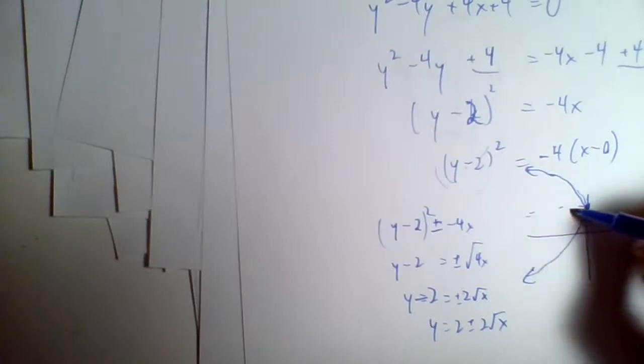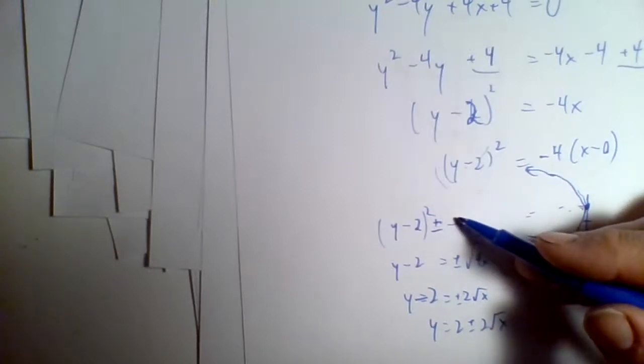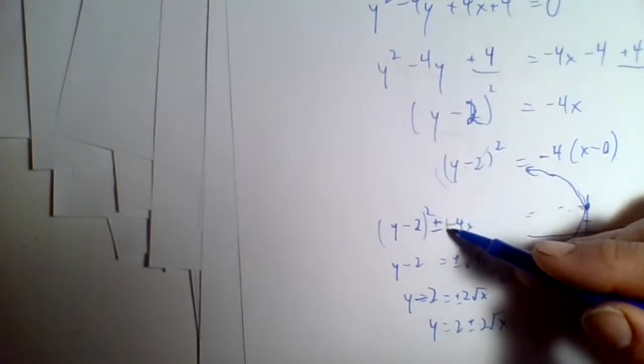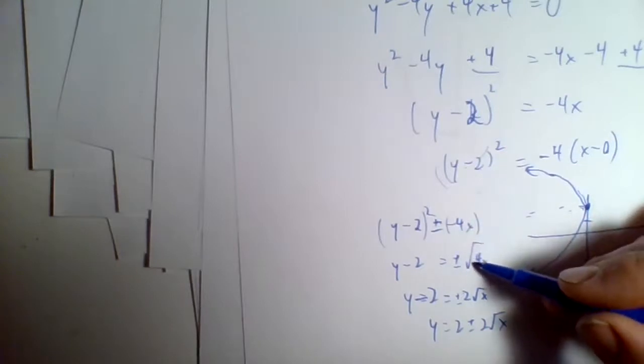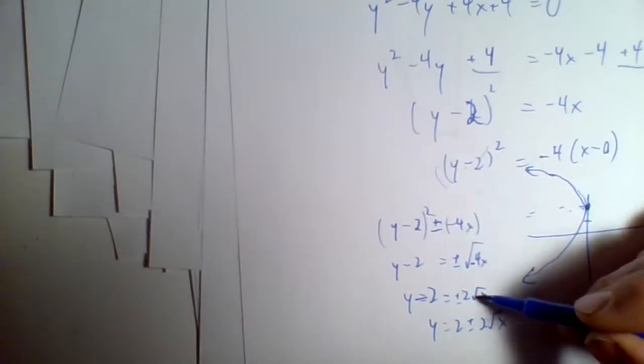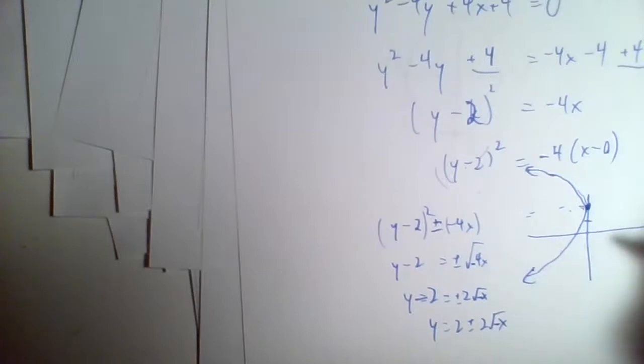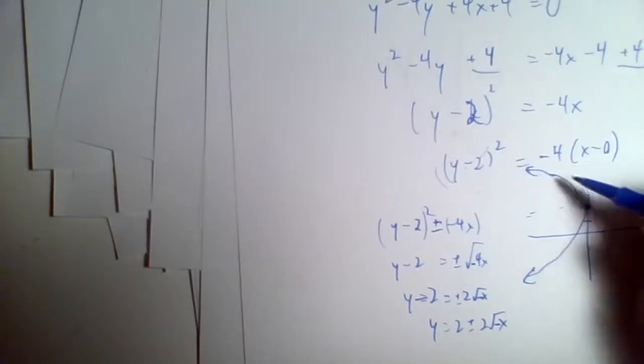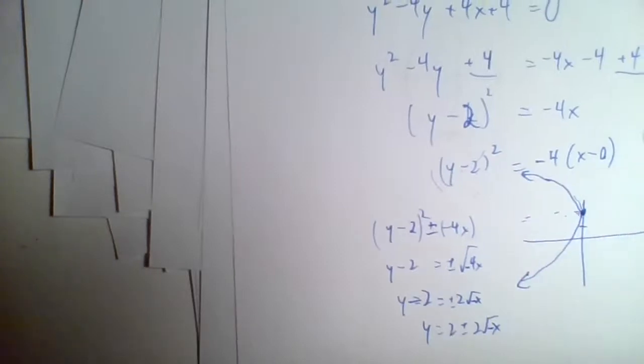I'm sorry, that minus got lost in there. That was minus 4x inside there and has to stay on the x. So x has to be negative, and you've got 2 plus the square root function and 2 minus the square root function. These could actually be done in the calculator.